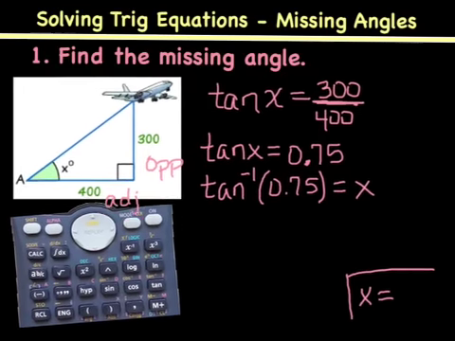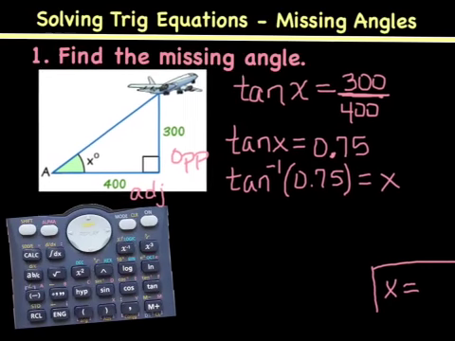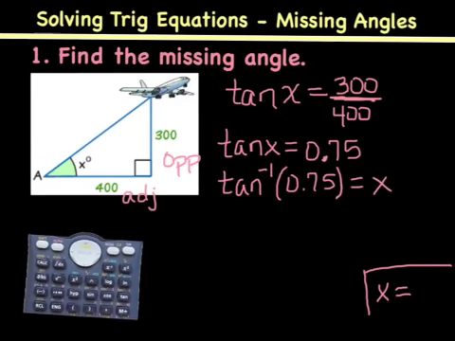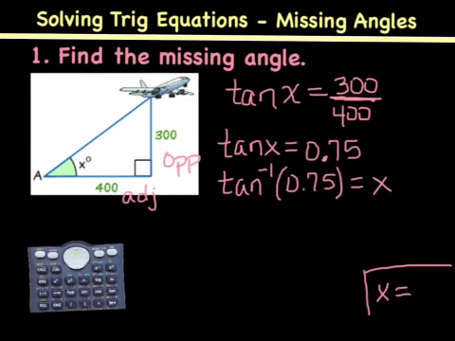I know it's kind of weird. Let me go ahead and try and get this calculator out of the way for us. There we go. Okay, so you're going to put that into your calculator. You're going to push inverse tangent and then 0.75. So I'm going to go ahead and do that on my calculator and be right back. Okay, I'm back.